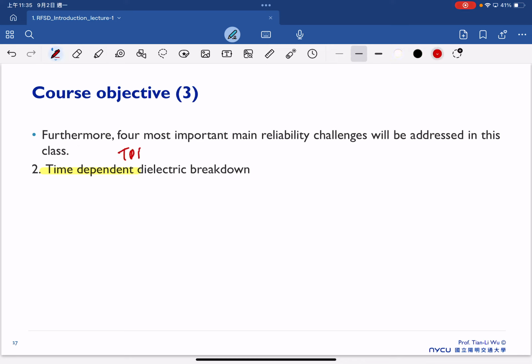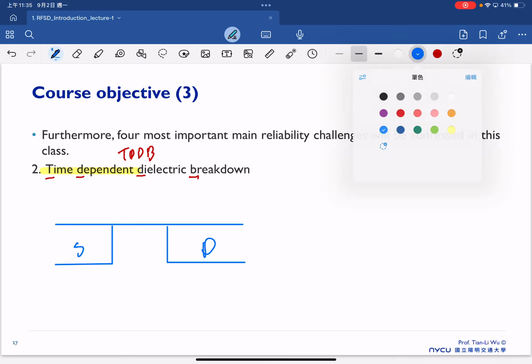So we have to consider time-dependent dielectric breakdown here. Again, we will first draw the MOSFET to explain. I can draw faster because I believe you should be quite familiar with the MOSFET.